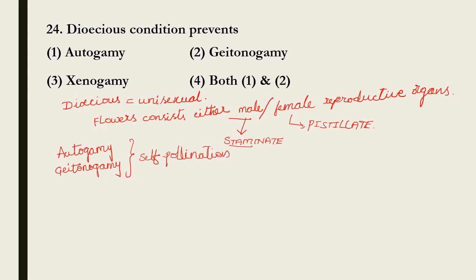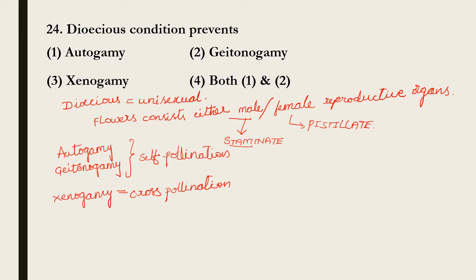And the third option is xenogamy, which is nothing but cross pollination. This information we know clearly in our notebooks. So now the question is, unisexuality prevents which one?